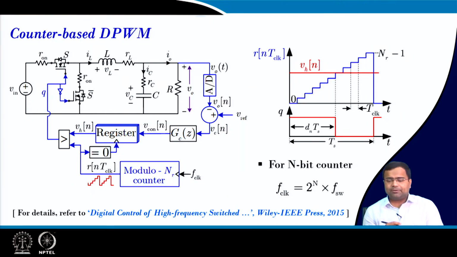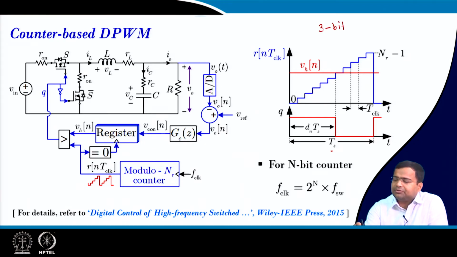Now, with this counter we want to generate a switching period of T_S. In order to get T_S, how many times do you have to count? If we are talking about an n-bit DPWM, then we need to count from 0 to 2 to the power n minus 1. Let us say a 3-bit DPWM: it will count from 0 to 2 to the power 3 minus 1, that is 7.